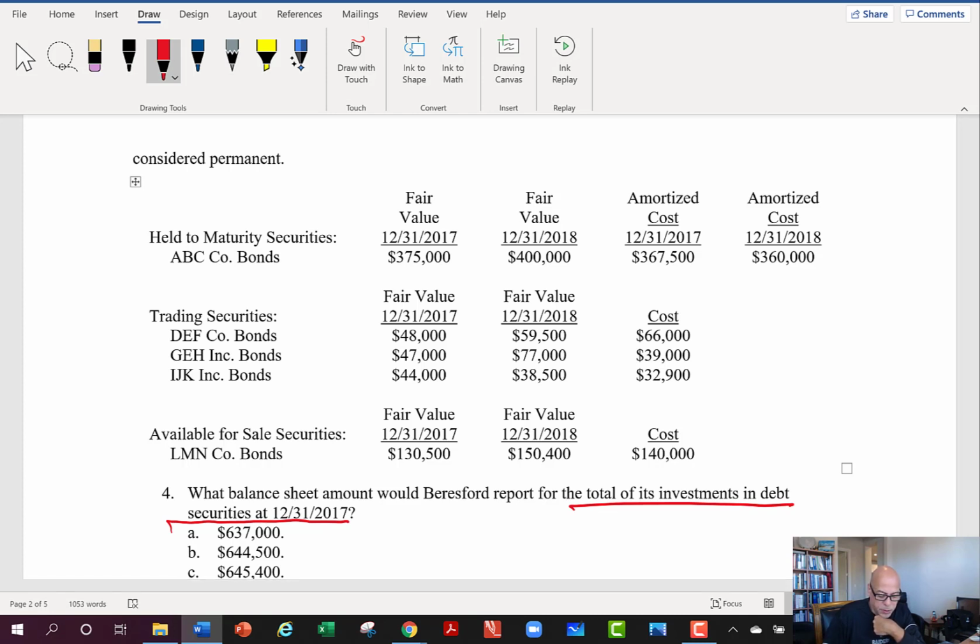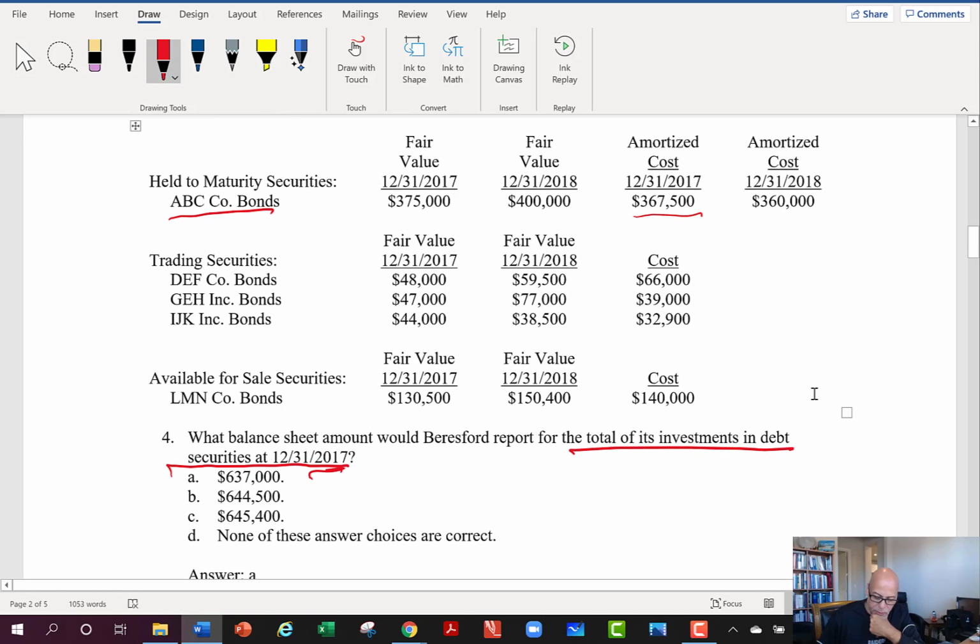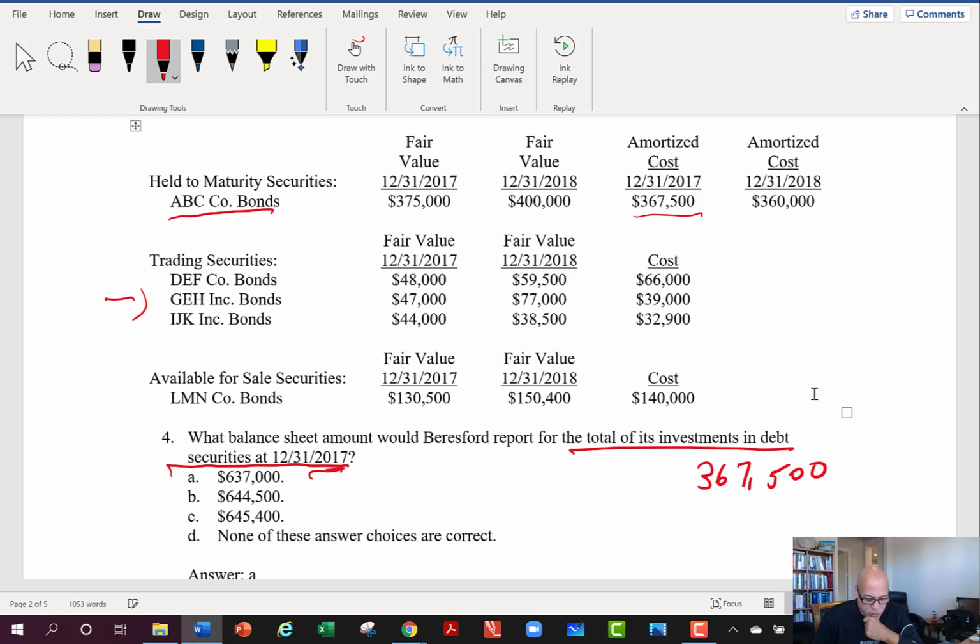For my held to maturity securities, make sure you're good with the dates on this question. That's an easy mistake to make. They tell me at 12/17 it has an amortized cost of $367,500. Okay, good. So I'm going to pick up amortized cost for those securities because they are held to maturity. Then I start to look at my trading security category, since that's the next one up. And again, pay attention to your dates.